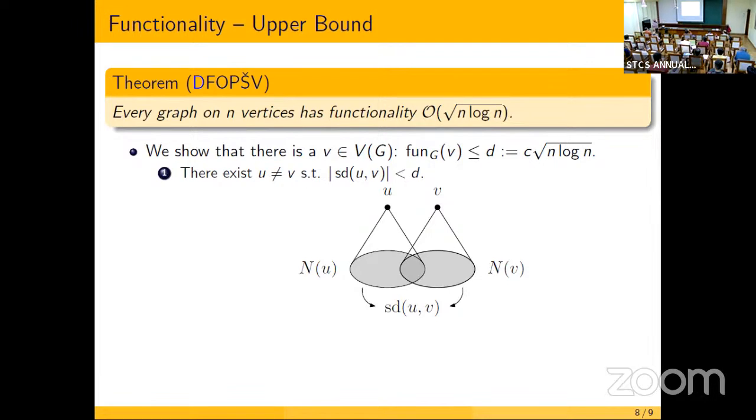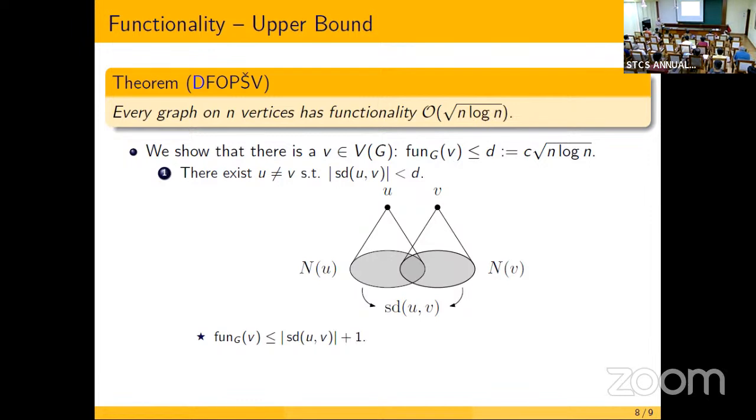And it's quite clear that the functionality of the vertex is at most the symmetric difference of two vertices plus one. Why? Because in the special set F, we can put the private neighbors of u and v, and then the vertex u, and all other vertices are connected to v if and only if they are connected to u.